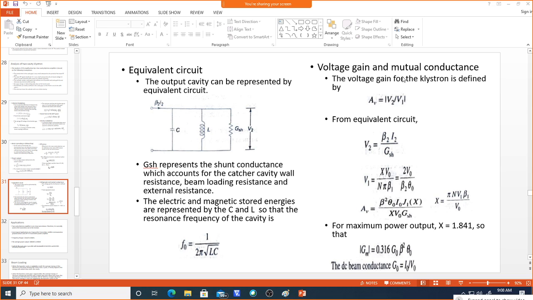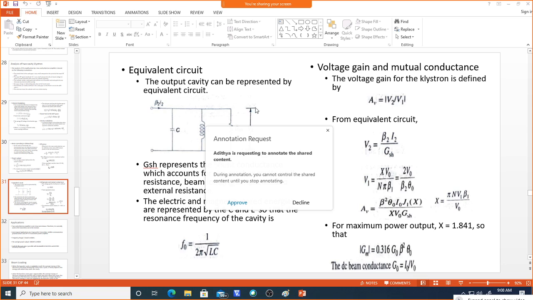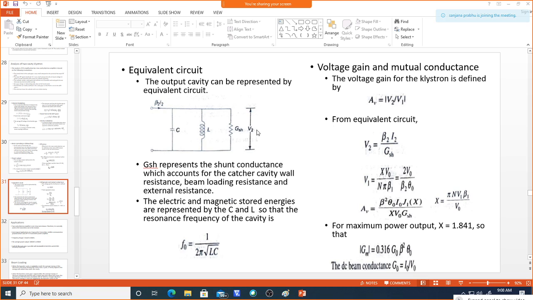Now the mutual conductance we can calculate by using this. The voltages are defined at the catcher cavity and the buncher cavity, the input cavity. From the equivalent circuit we can extract this. So you can write the expression for V2, which is given by beta 2 I2 by GSH, where I2 is the current flowing in the catcher cavity and beta 2 is the beam coupling coefficient for the catcher cavity.